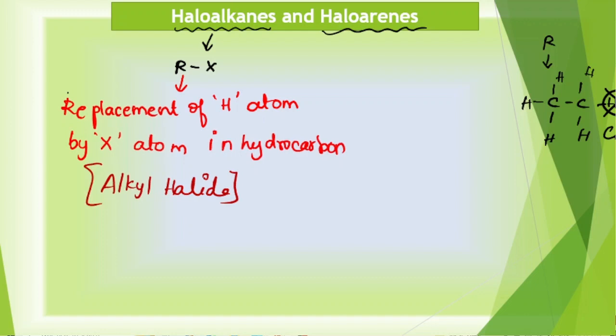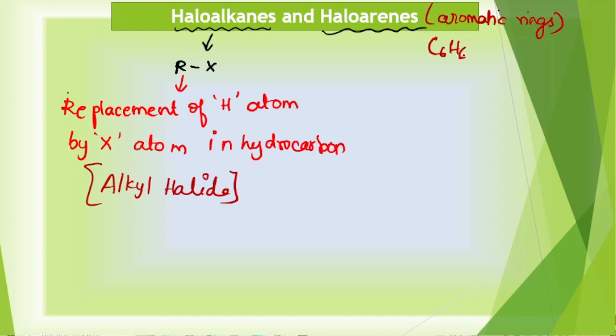Now, what is all about haloarenes? This is the example I gave you for haloalkane. Now, haloarene is the attachment of halogen in the arenes. Arenes are nothing but aromatic rings. What is an example of an aromatic ring? C6H6 is an example of an aromatic ring. That is benzene.